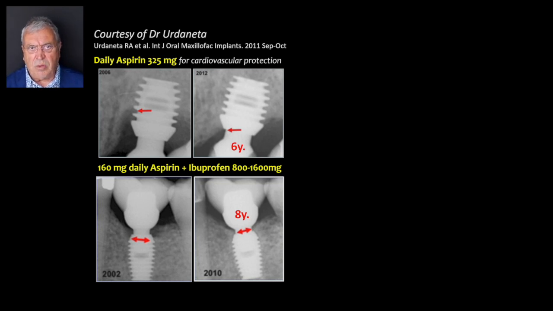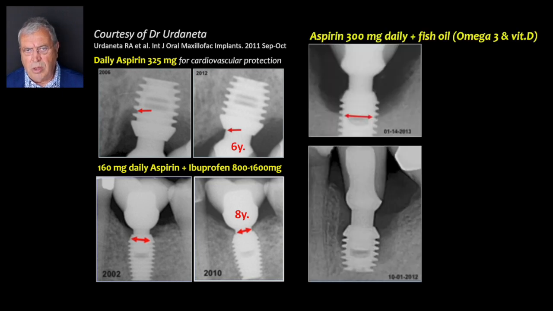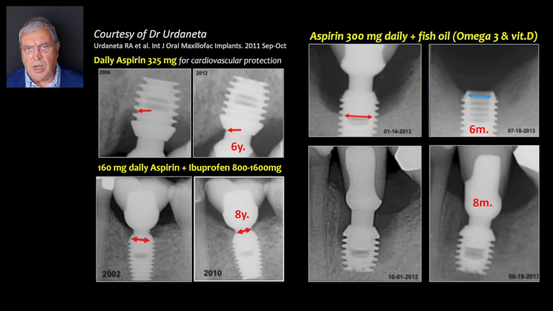And he found that after 6 to 8 years, the bone was coming back slowly. This is interesting. But if we add fish oil to the NSAIDs, then the bone is coming back much faster, in 6 to 8 months. This is the concept of osteo-immunology.